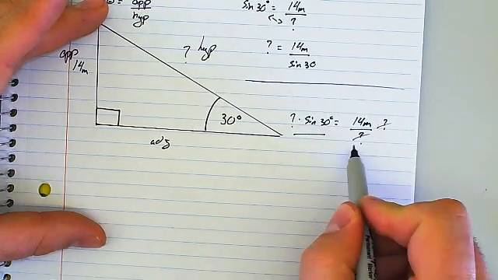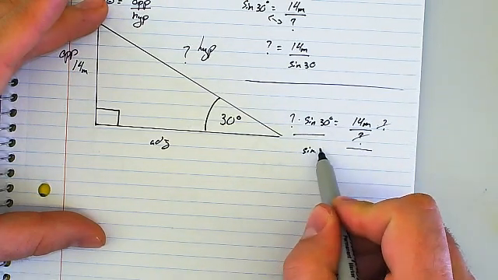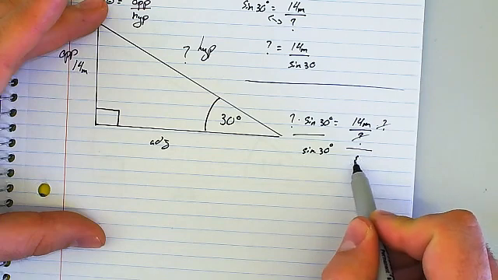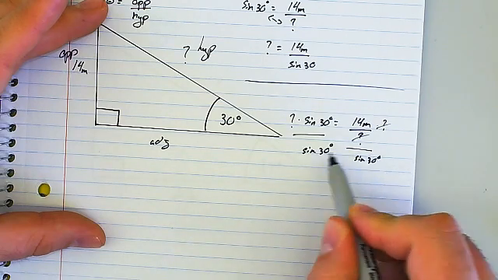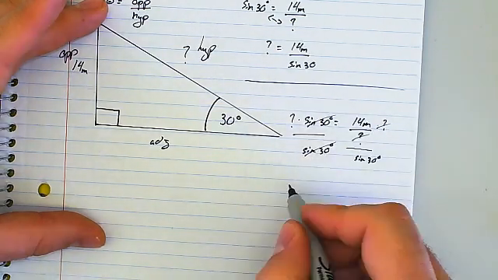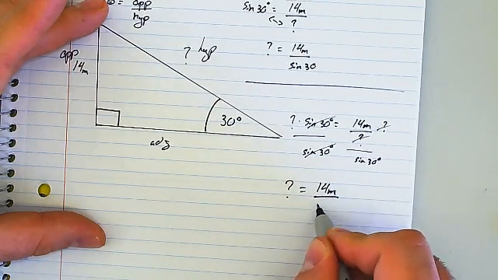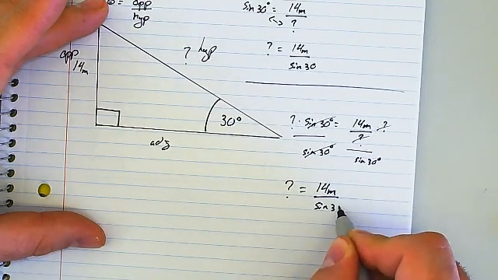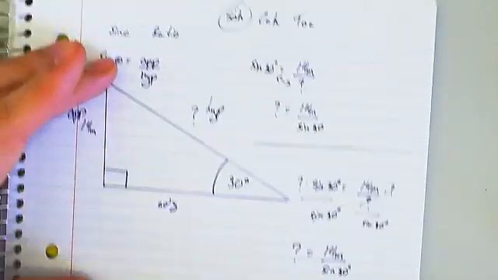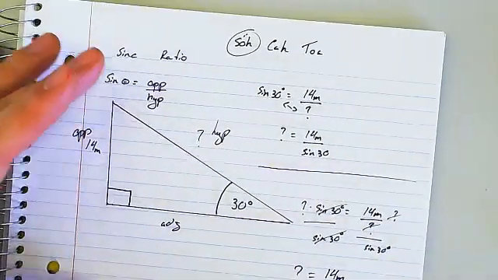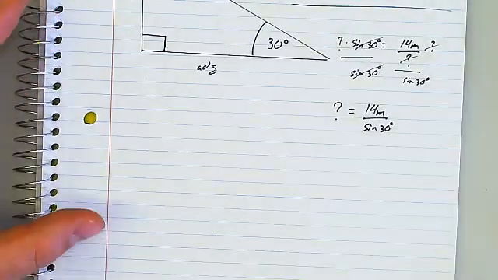It's still not by itself, so we're going to again divide everything by sine of 30. Once you've done that, our unknown equals 14 meters divided by sine of 30. Kind of like what we had up here.